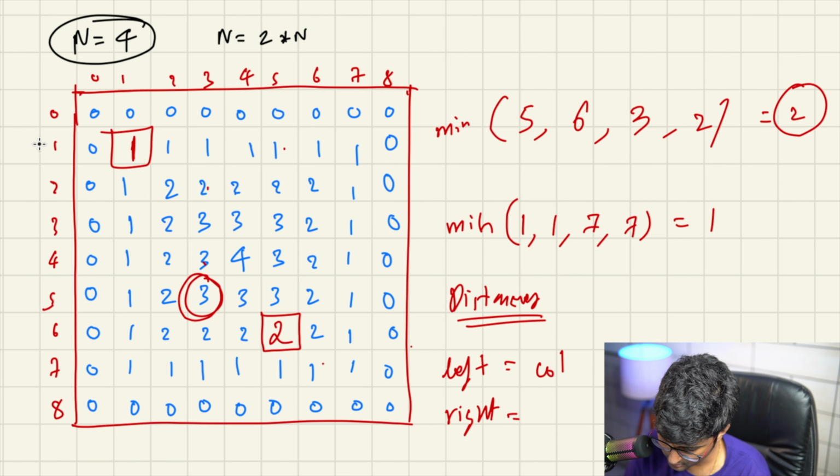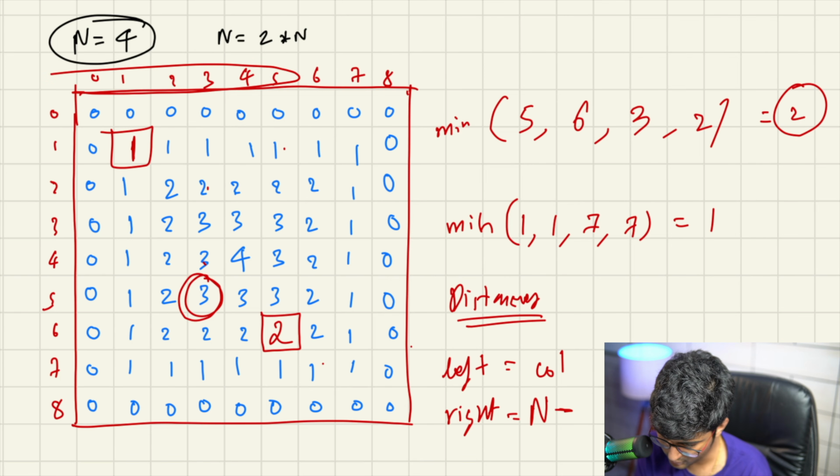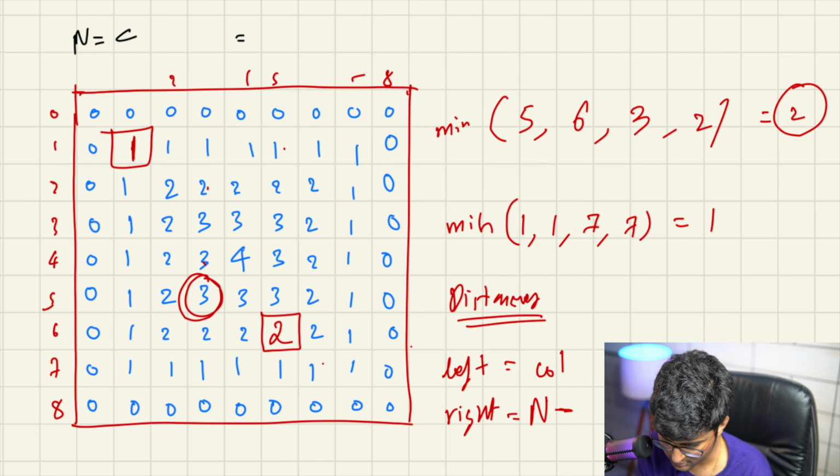I think it's going to be equal to n minus, which column you are at? Yeah, which column you are at? So I'm already ahead, like these are like 5 columns ahead. Okay. So this is going to be equal to, n is equal to 2 into n, 0, 1, 2, 3, 4, 5, 6, 7.